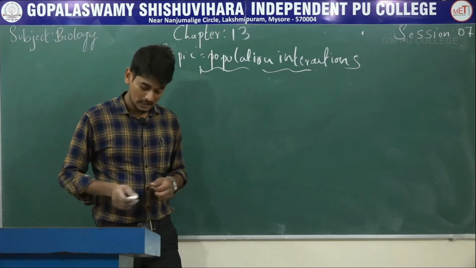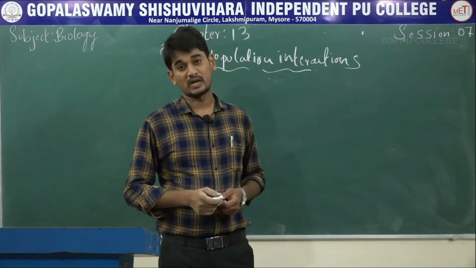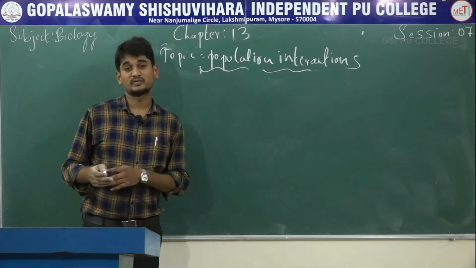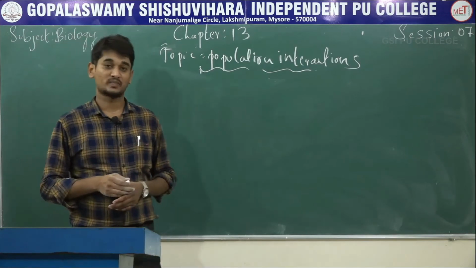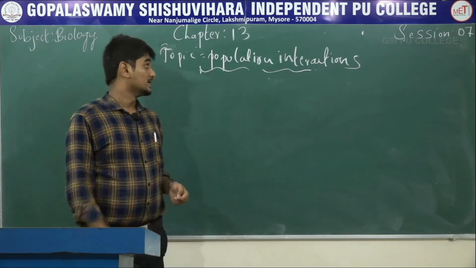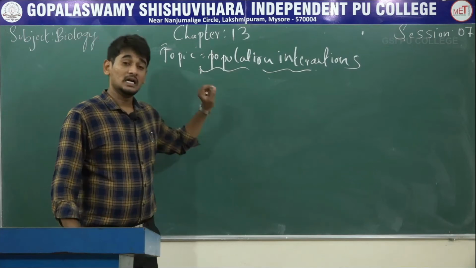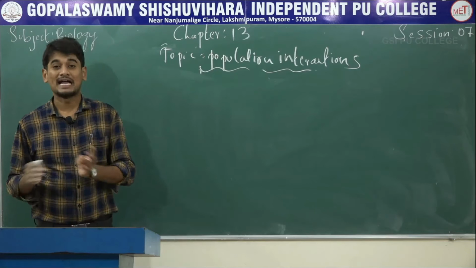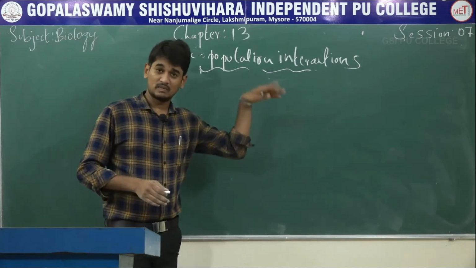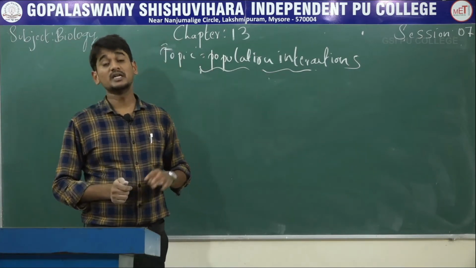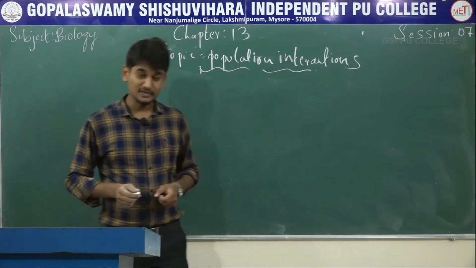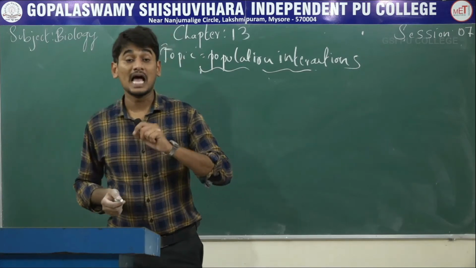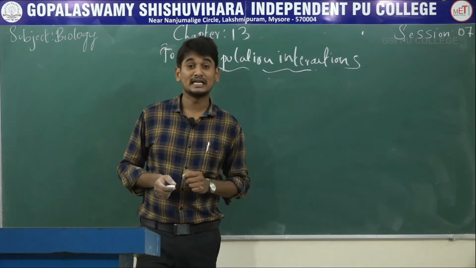Now let's enter the concept of population interactions. We know about ecological processes, which means the interaction between biotic and abiotic factors present in the environment. Population interaction is the interaction of organisms with both biotic and abiotic factors. Can you think of any natural habitat on Earth inhabited by just a single species?